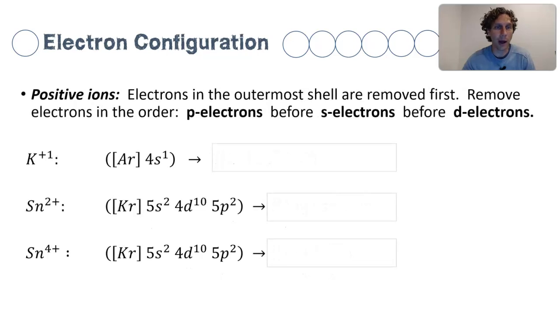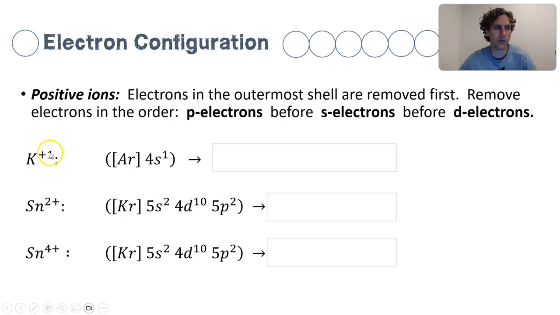But you ask, what about positive ions? Great question. So electrons are removed first from the outermost shell. Okay? And then if we need to remove more, we remove them in the following order. First from the p orbitals, then the s orbitals, and then the d orbitals. Okay. Potassium plus 1.